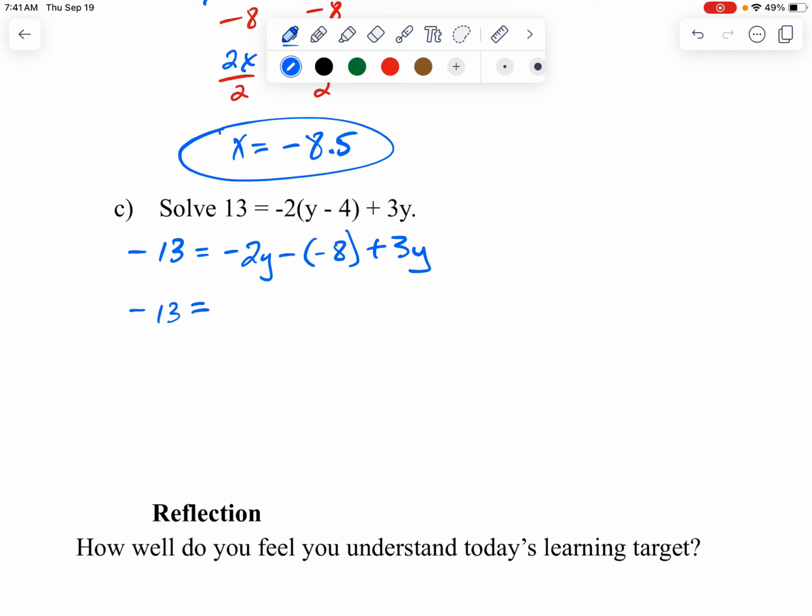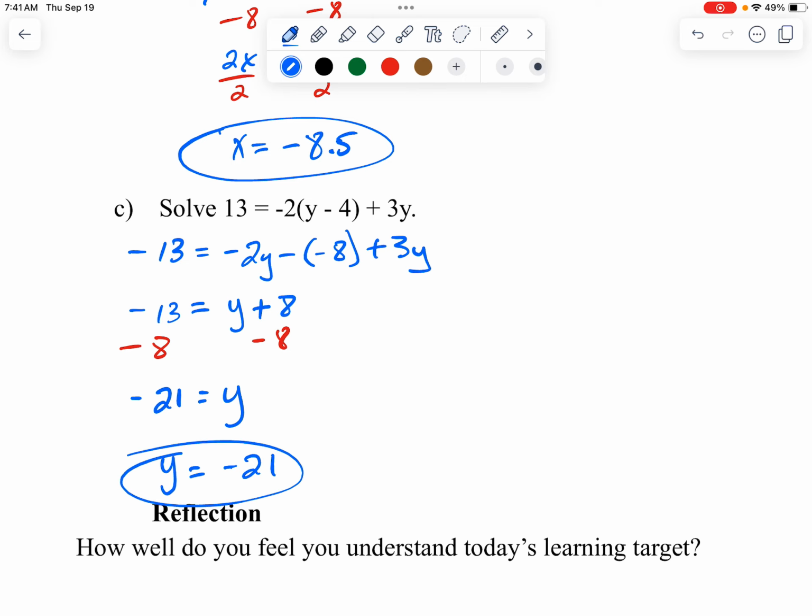I've got a negative 2y and a positive 3y, so that's just 1y. And minus a negative 8 turns into plus 8. Subtract that 8 from both sides, and we end up with negative 21 equals y. And again, we generally flip that around to be y equals negative 21.